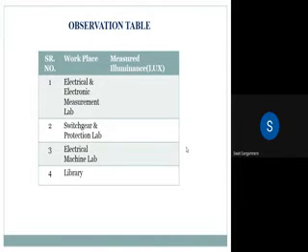Then see, this is the observation table for the workplace. We can write various types of lab. First, electrical and electronic measurement lab, then switchgear and protection lab, third electrical machine lab, and fourth the library. Then in measured illumination we can write the illumination at that particular workplace.